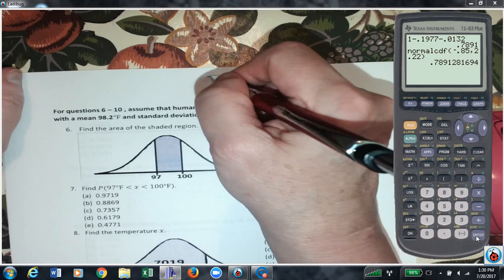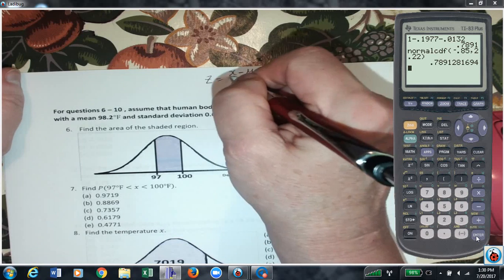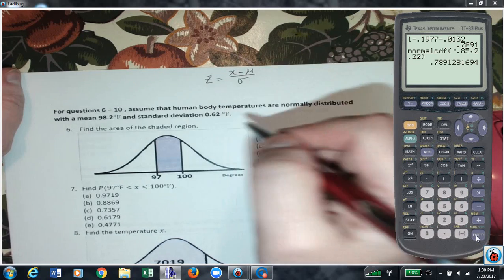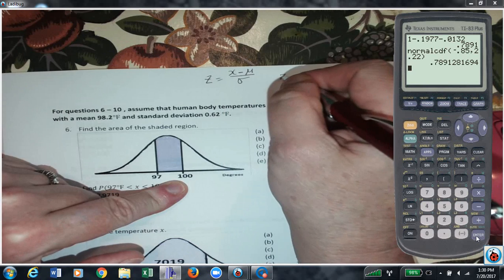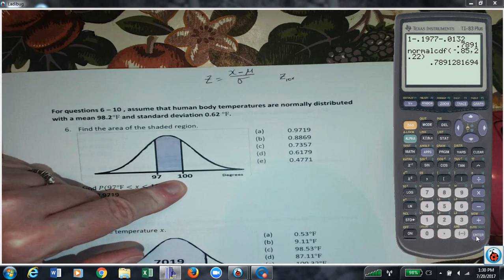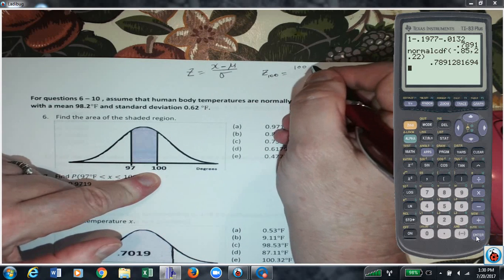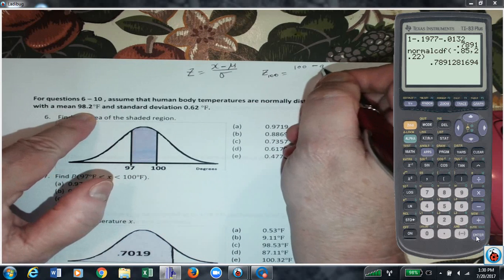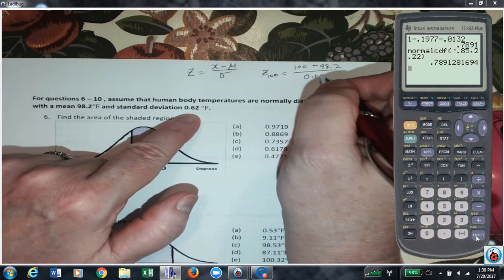Okay. So I need to convert 100. So remember, we have this formula. If I want the z-score for a temperature of 100, that's going to be the score I want to convert minus the mean, which is 98.2, all divided by the standard deviation.